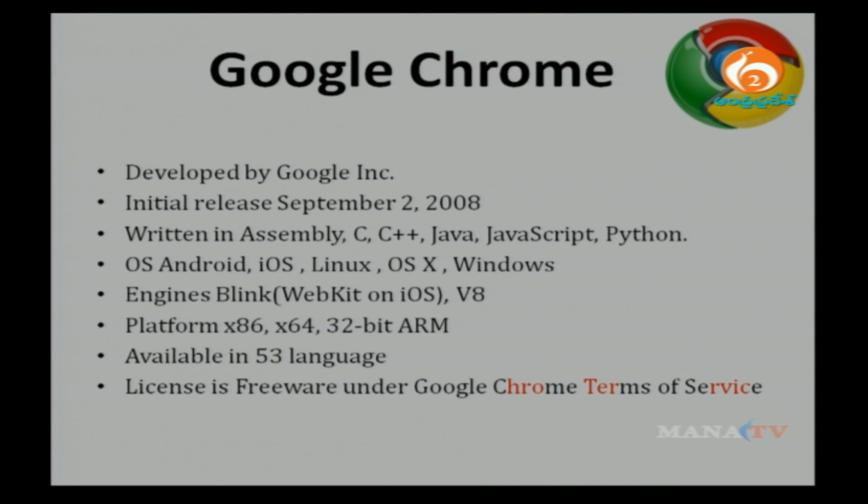Engines: Blink, WebKit on iOS, V8. Platforms: x86, x64, 32-bit ARM. Available in 53 languages. License is freeware under Google Chrome terms of service.